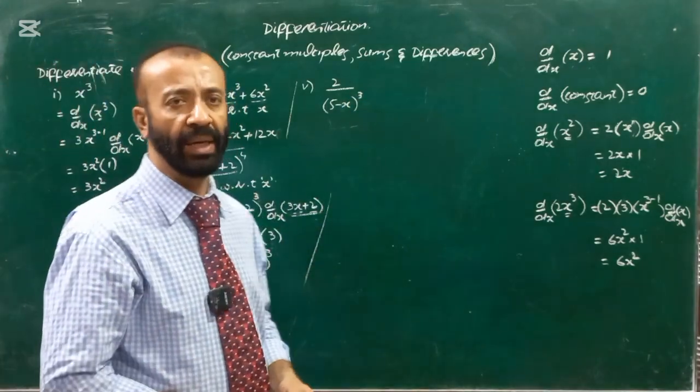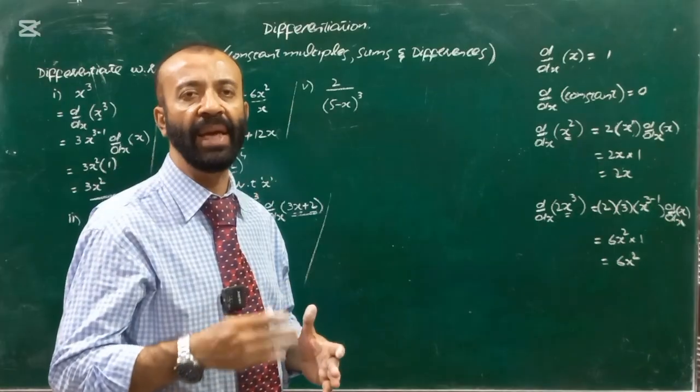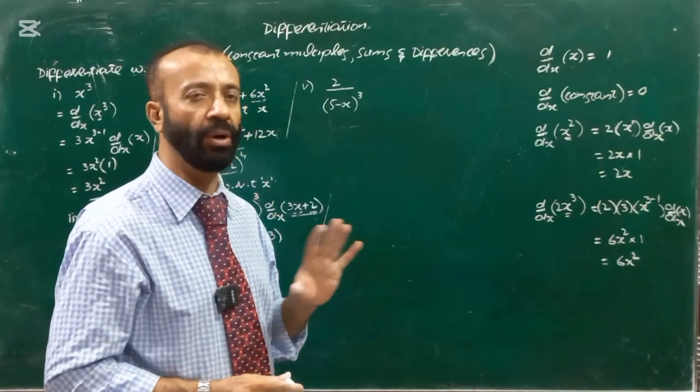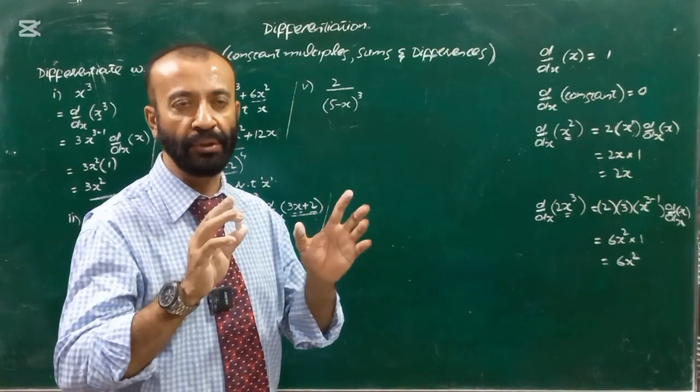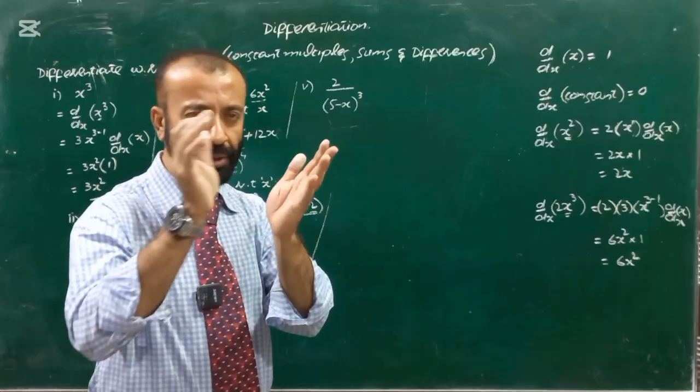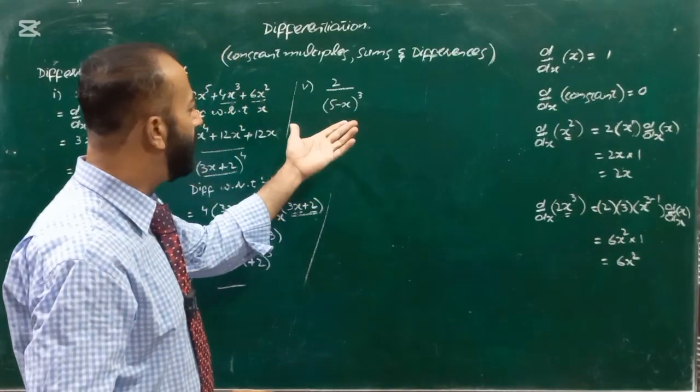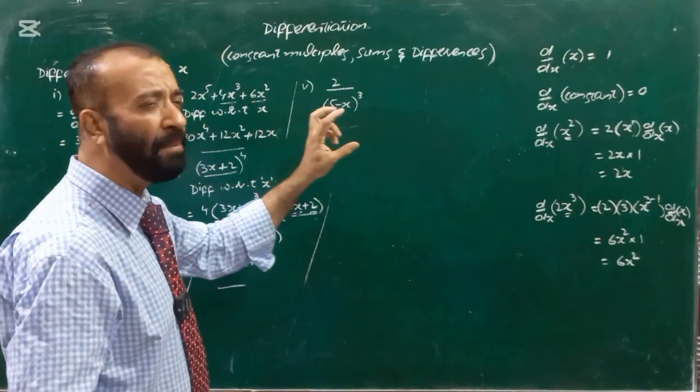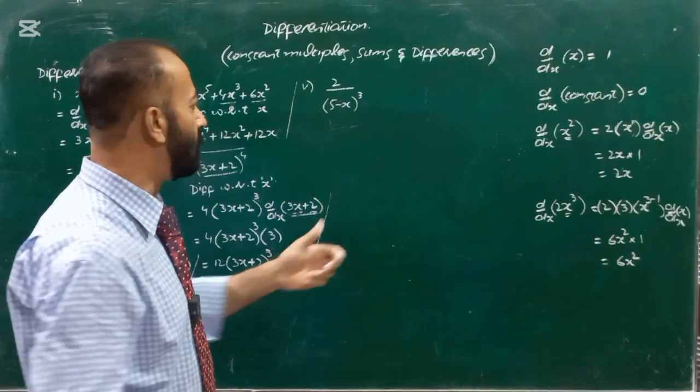Actually, the book setter is making the questions more and more difficult, but the concepts will be the same. First, you have to convert the question according to your criteria. So look at this question. First, we will somewhat transform the question.